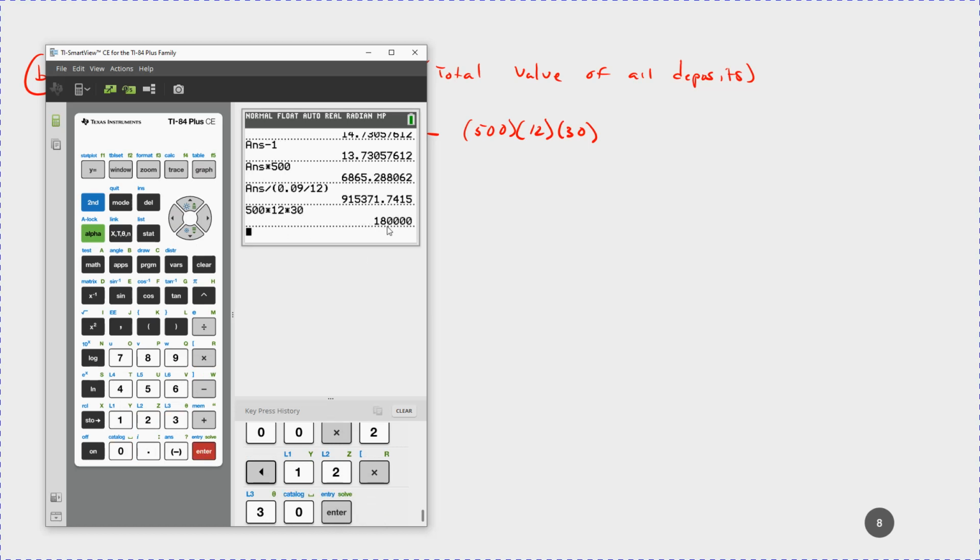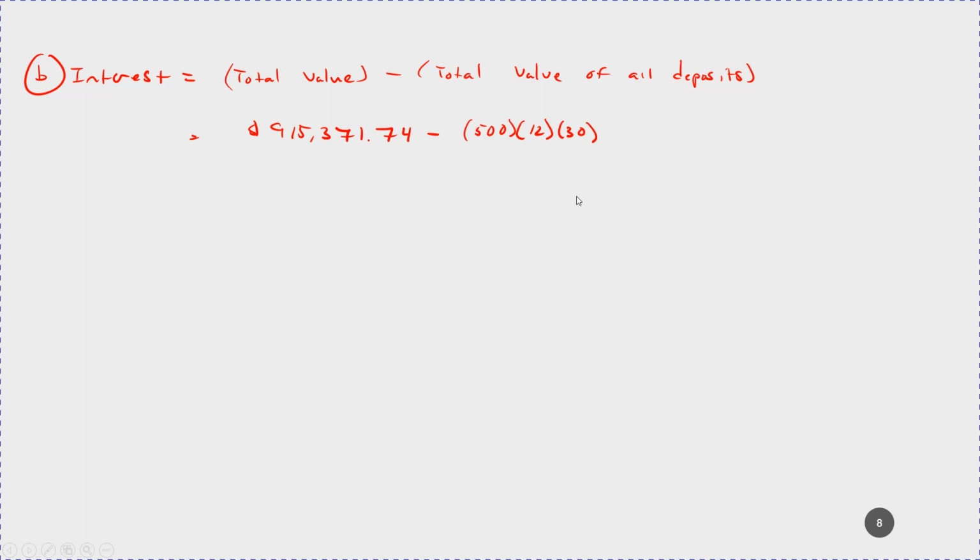So you're making $180,000 in payments. So you can see how much of this is just interest and growth.